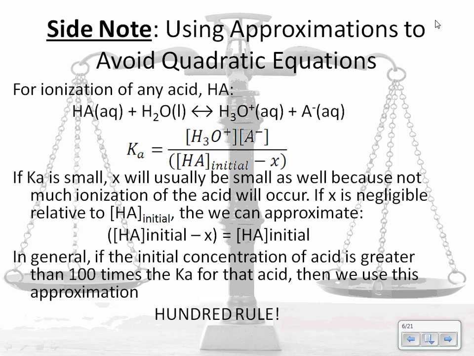So that means your 100 rule would end up working for this, and you can drop this X and avoid the quadratic. Remember, if you do your initial concentration over Ka, and that's greater than 100, then you're allowed to drop that X. It's negligible because it's going to end up being so small.